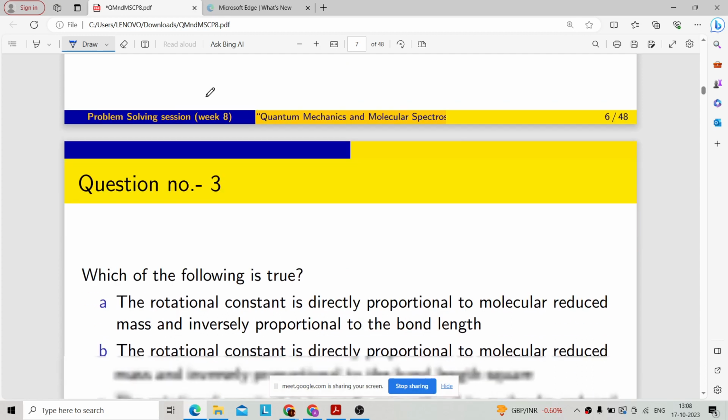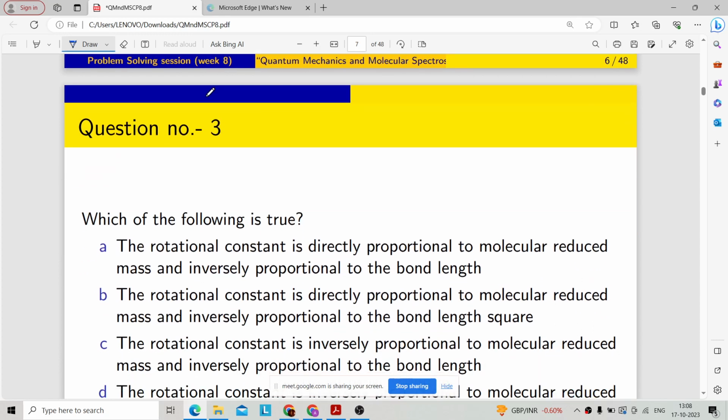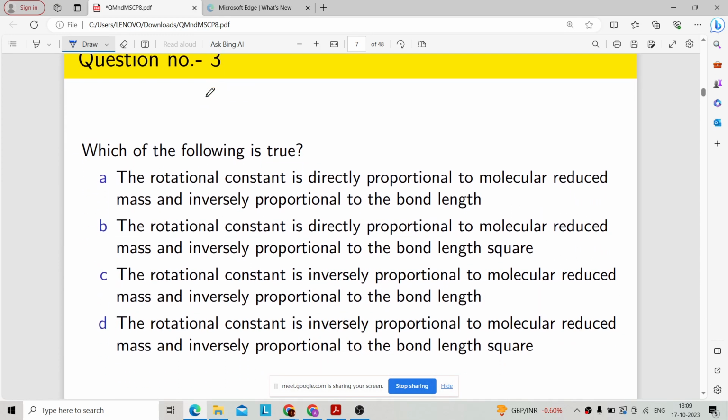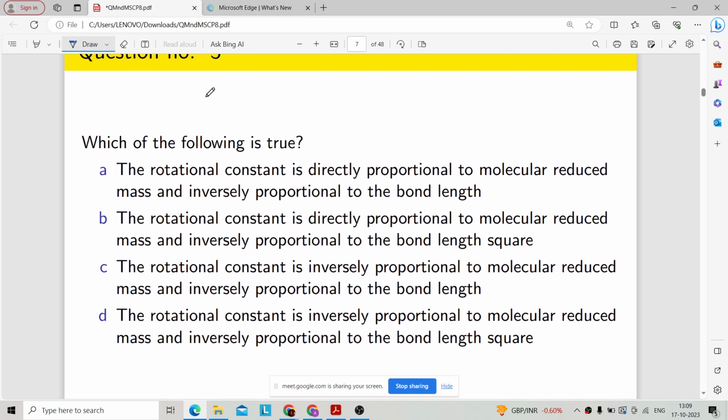Okay, then moving on to the next question. Which of the following is true? Rotational constant is directly proportional to molecular reduced mass and inversely proportional to the bond length.